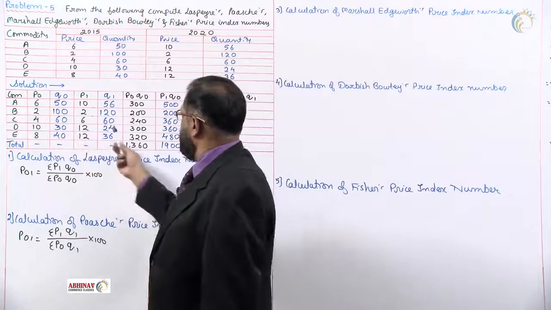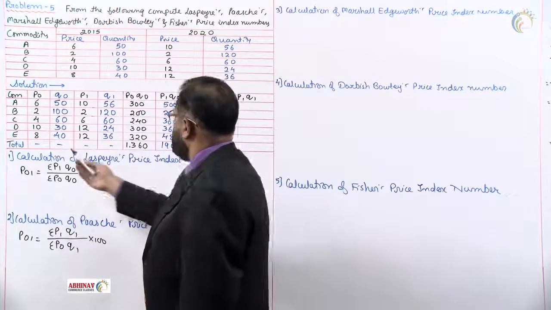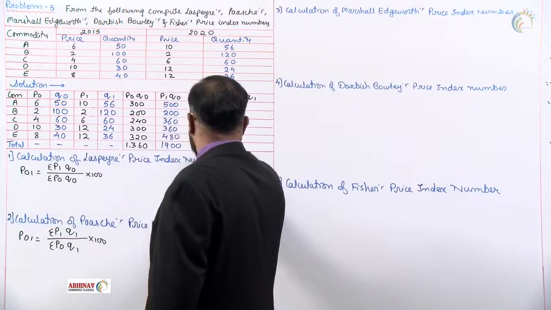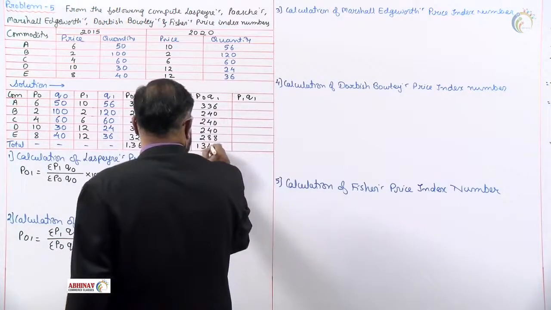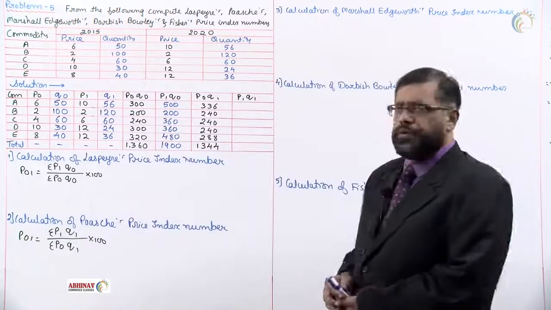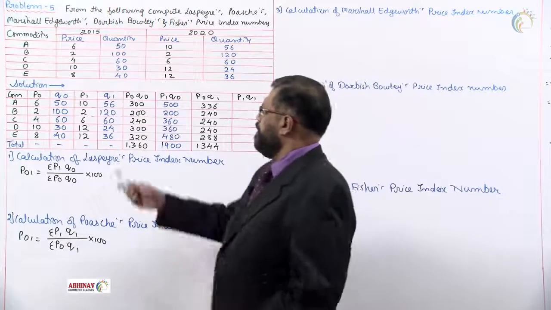Then 10 into 24, again 240. Then it is 8 into 36, 288. And once you finish this, quickly total it. The total comes to 1344.